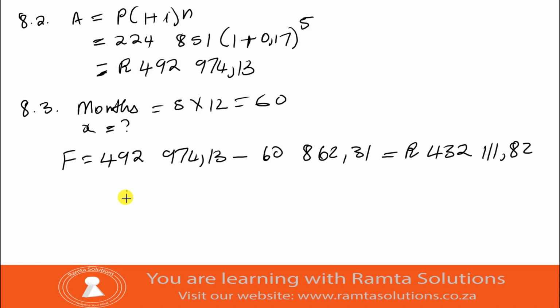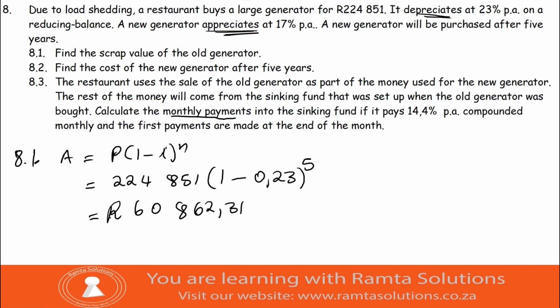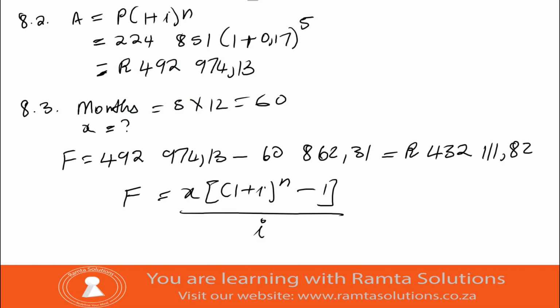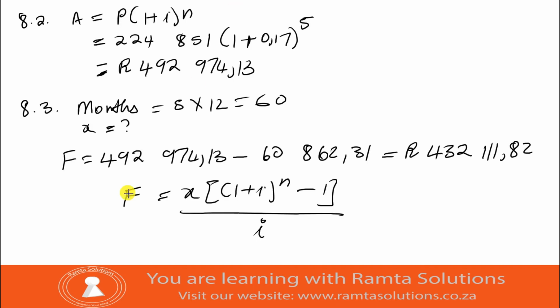So we say F equals x into 1 plus i to the n minus 1 all over i. What was the interest? 14.4. Now, we are looking for x. We said the future value is 432,111 rands and 82 cents.